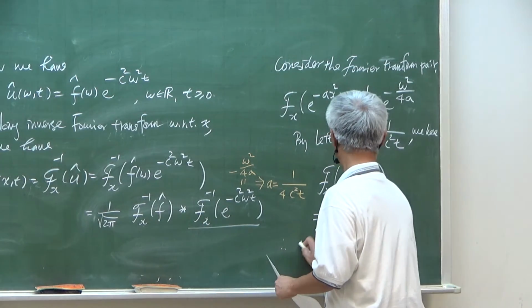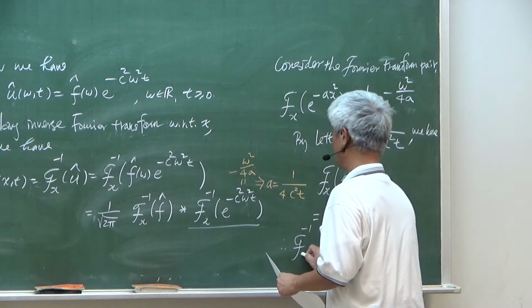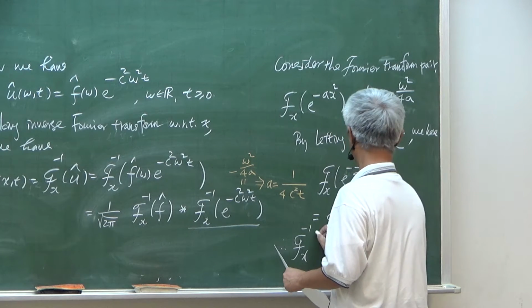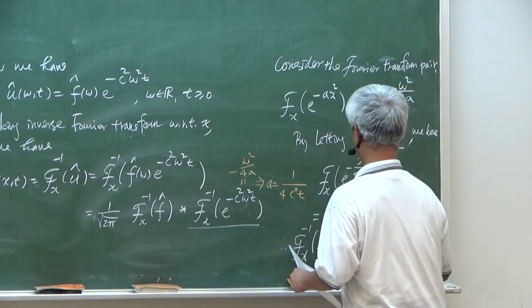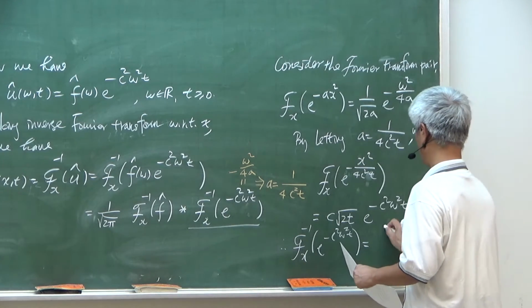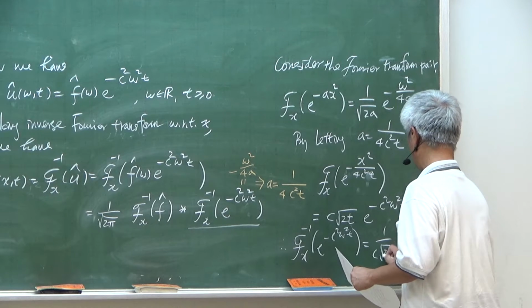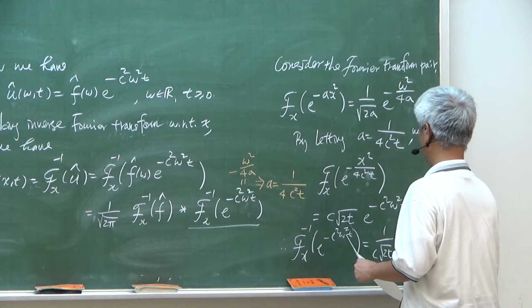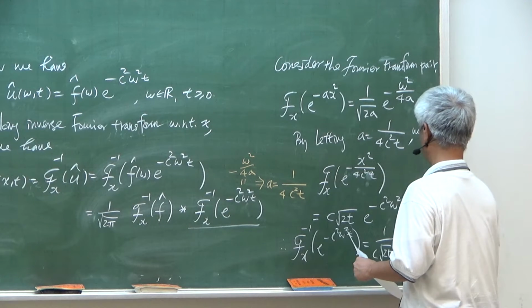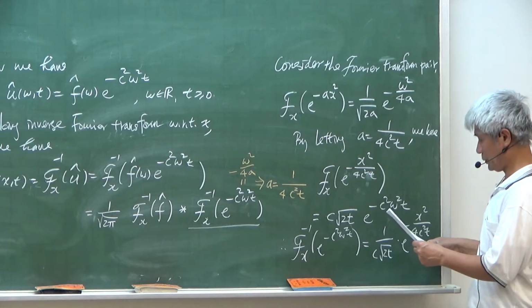So that we know that the inverse Fourier transform of e^(-c²omega²t) is equal to 1 over c square root of 2t times e^(-x²/4c²t). Okay, so we have that.